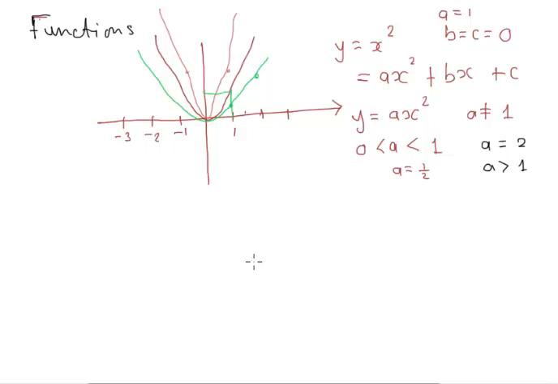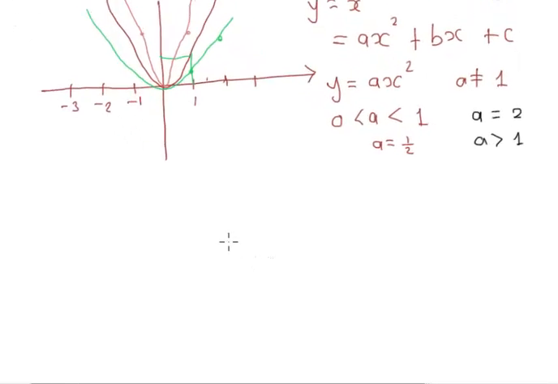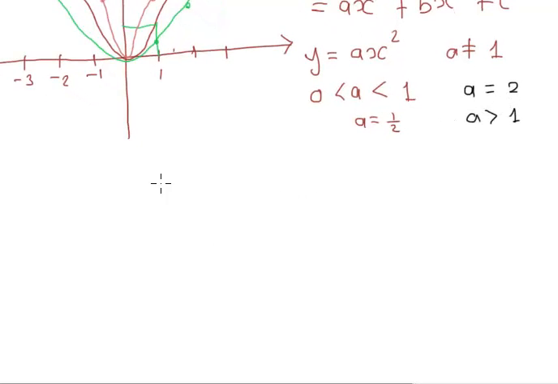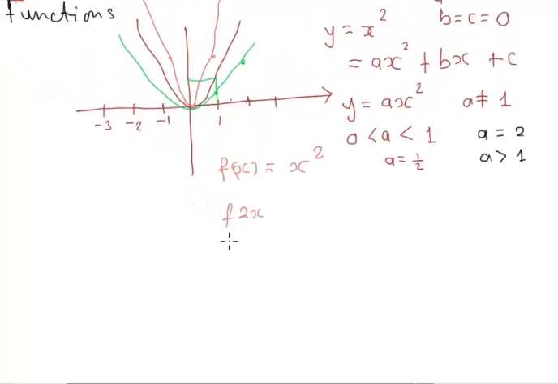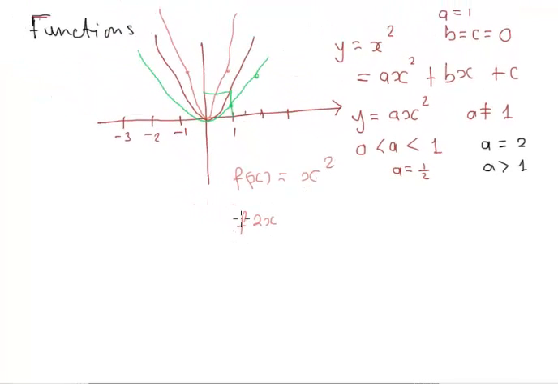Then the other transformation, basically what I'm talking about here, we are transforming the variable of f. If I said this is f of x equals x squared, now when I've got 2 here, I'm multiplying this function by 2.